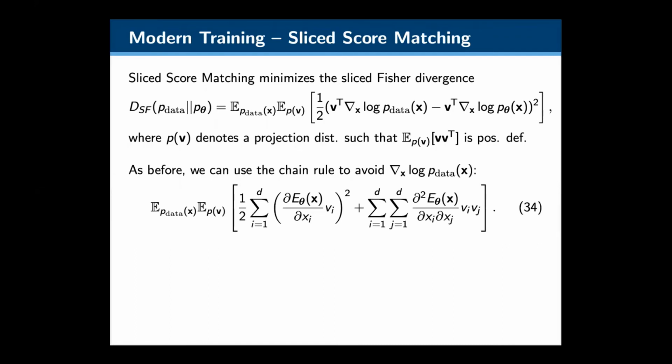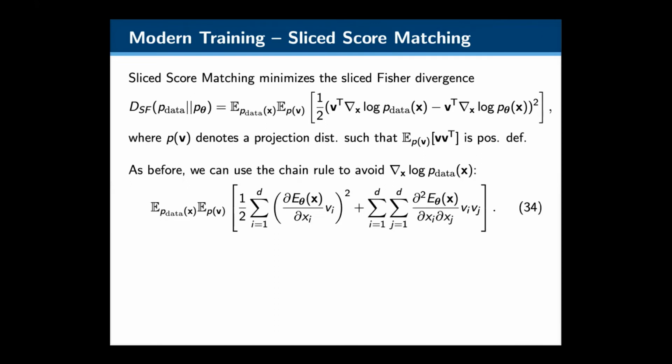Now, as before with the standard score matching approach, it turns out we can use the chain rule to avoid the annoying p data term. And this looks quite similar to the result we had before. So you might be thinking, are we not going to run into the same problems of a computationally very expensive approach?